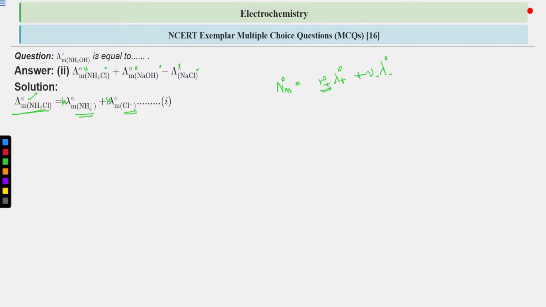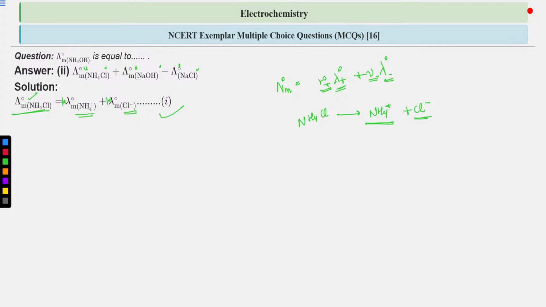That means the number of positive ions multiplied by the molar conductivity of the cation plus the number of negative ions multiplied by the molar conductivity of the anion. Similarly, we have written this equation because NH4Cl dissociates into NH4 positive plus Cl negative, so the cation is 1 and the anion Cl negative is also 1. So there is 1 in the multiplication with lambda naught m. Let's say this is equation 1.